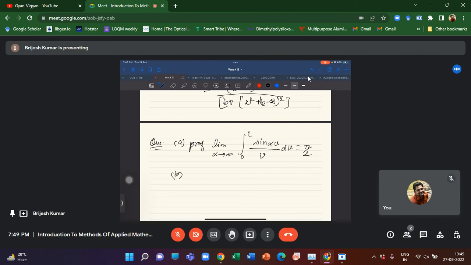Next we have to prove, or you can say just solve, the integration limit as alpha tends to infinity of the integral from minus L to L of cos alpha v sin alpha v upon v dv is equal to pi by 2.